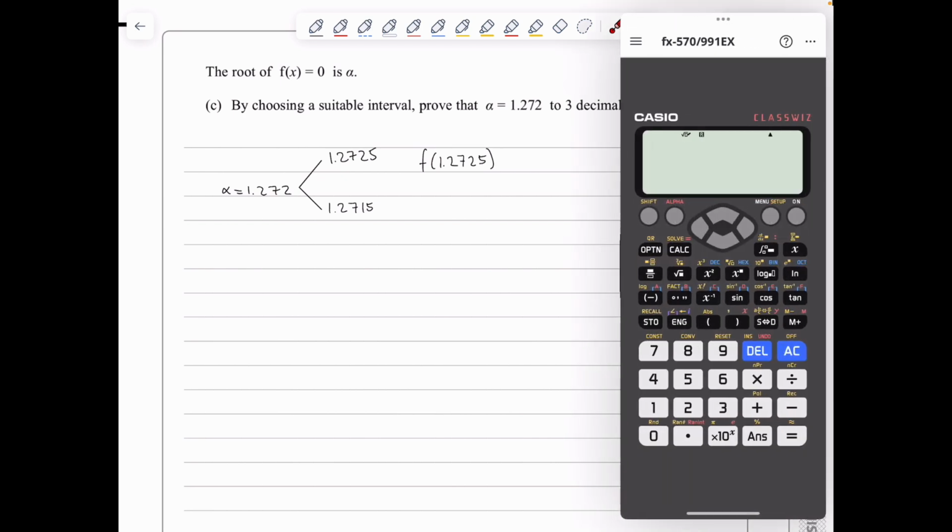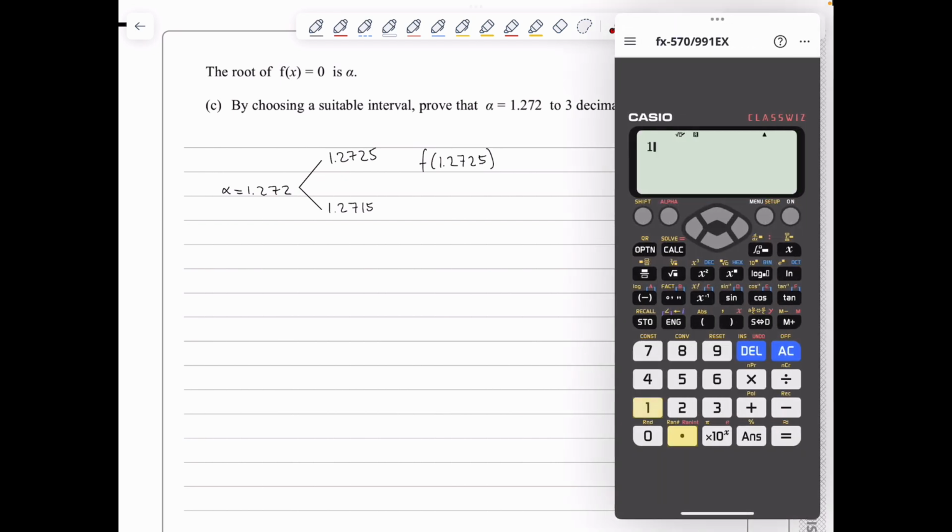So I'm going to go on my calculator. I press 1.2725 and I press the equal sign to store it on my answer key, and then I will be evaluating f(1.2725). So this is Ans³, and then we've got plus 3Ans², and then we have the plus 4Ans − 12.